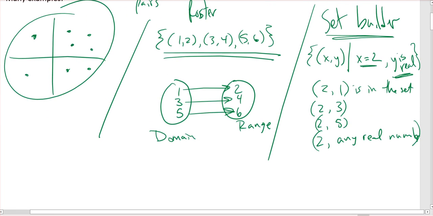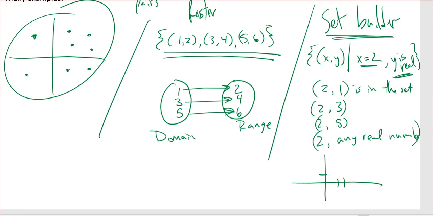Well, if I want to draw a picture of this, let's draw a picture of it. So 2, 1 is in the set. 2, 3 is in the set. 2, 5 is in the set. So it looks like if I drew all of these and any real number, I could put infinitely many of these things on here because there are infinitely many real numbers for the choices of y.